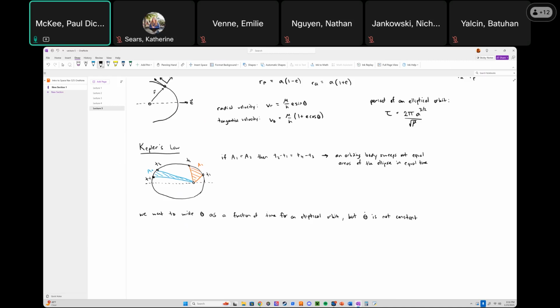Now, for a circular orbit, this is so easy because it's constant, right? Your velocity is constant for a circular orbit. So for a circular orbit, we could just say this. Your velocity, which is r theta dot squared... you know what? Let's just do it this way. All right.